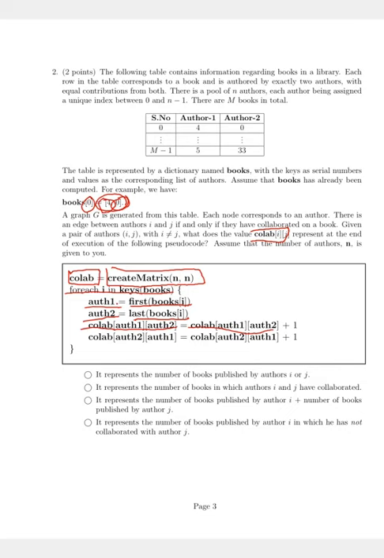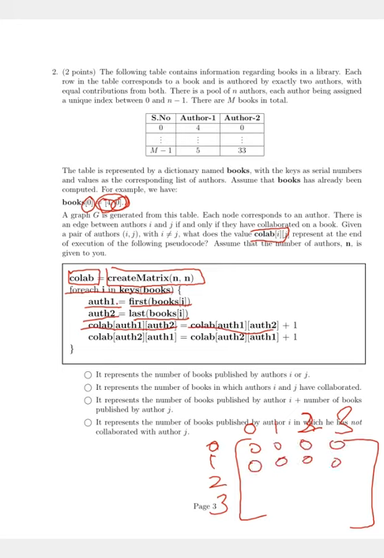Let's just take a matrix for example, and let's say there are 4 authors which are numbered from 0 to 3, and initially all the elements are 0. So what do we do here? We have, say, 4 books. Again, they are numbered from 0 to 3.